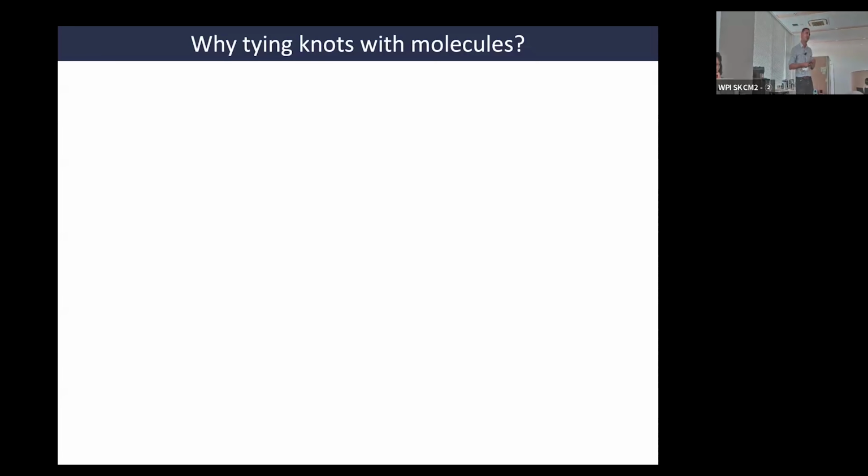And so this field has been preserved by its appeal in topology, I suspect. But now comes the question, what can we do with these molecular knots? And there are different groups which have tried to do things with molecular knots, but it's quite sparse here and there.